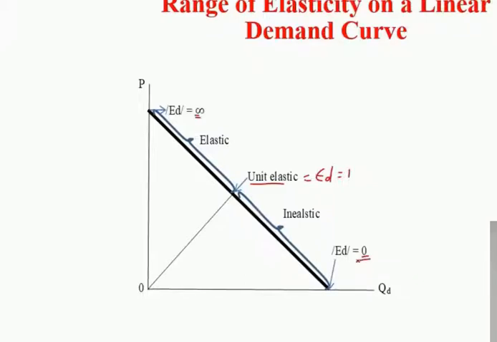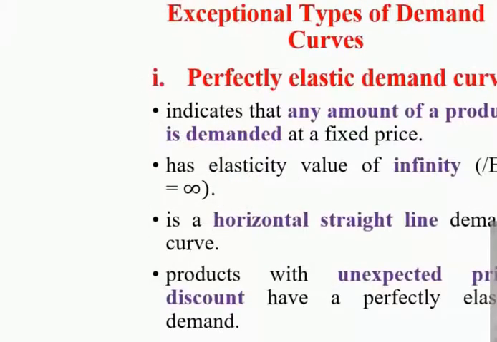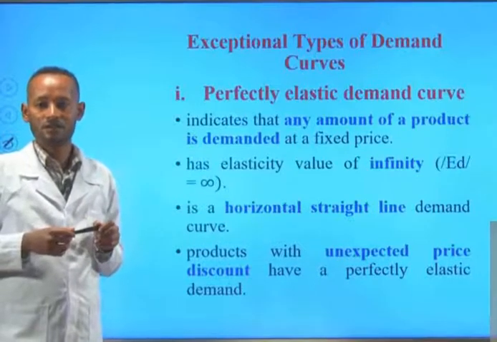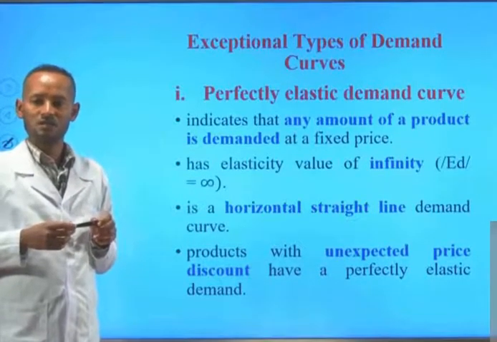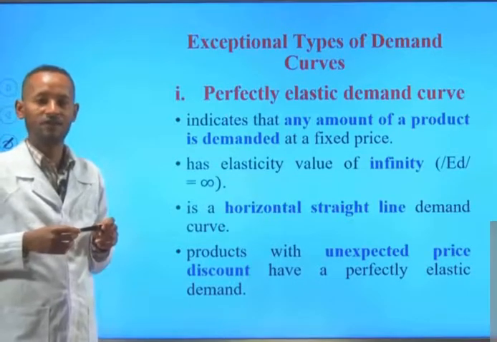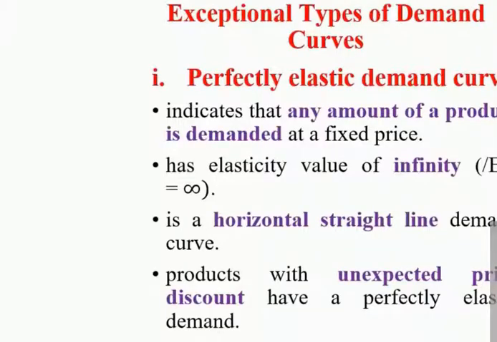From this, let's see the exceptional types of demand curves called perfectly elastic and perfectly inelastic demand curves. The perfectly elastic demand curve indicates that any amount of a product is demanded at a fixed price, and its price elasticity of demand value is infinity, and it is a horizontal straight line demand curve.